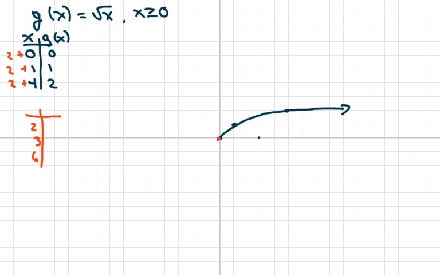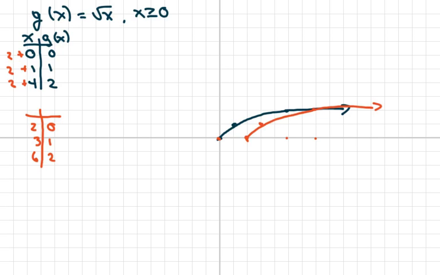So 2 goes to 0, 3, and we keep the y the same. And 3 is going to go to 1, and 6 is going to go up here. And so here it is, something like that. Just kind of shift it.